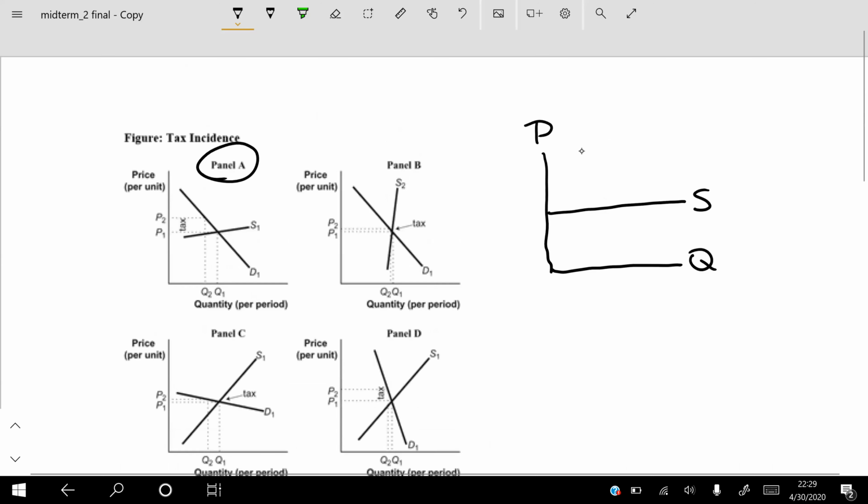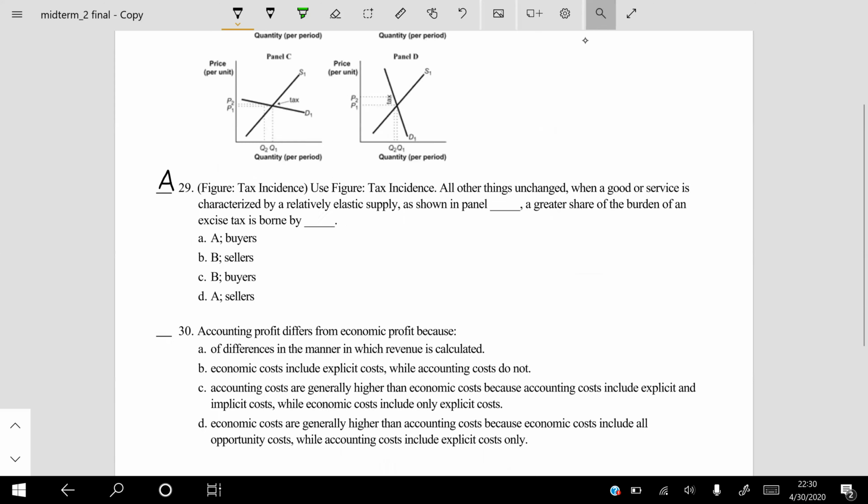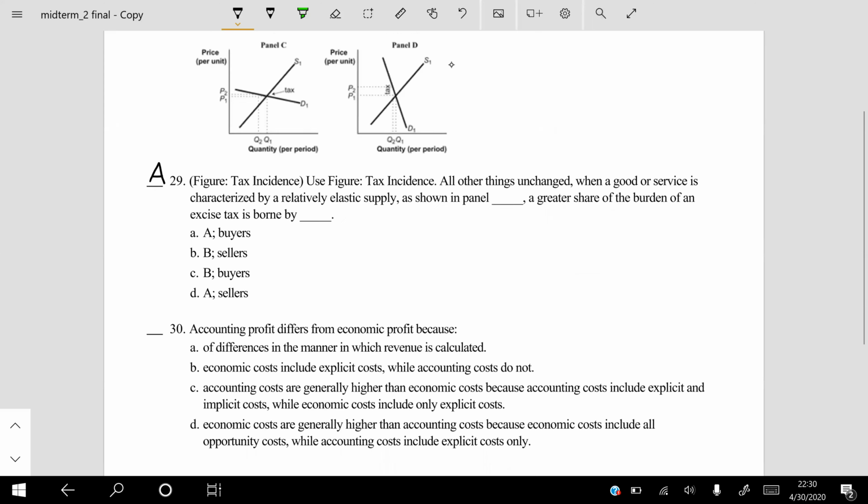And if you want to see how, let's see if I can zoom in on this. It's hard to zoom in.